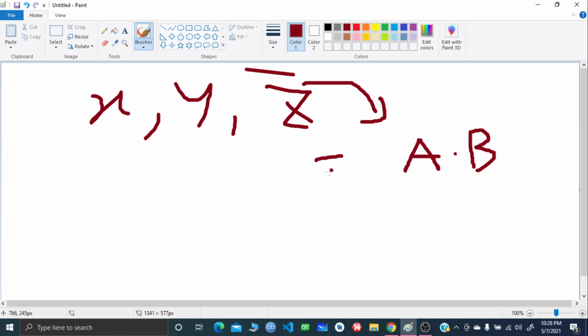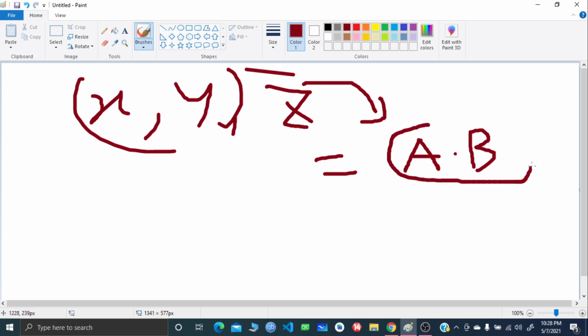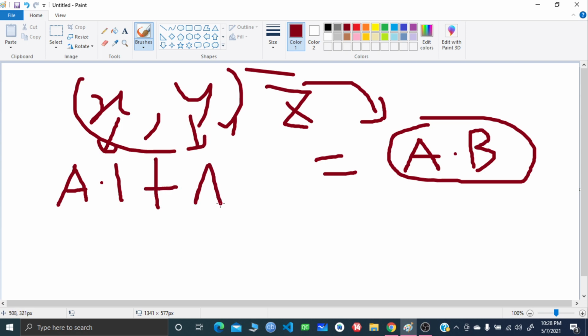Now what about the rest of the values? If I refer to z as a times b, what if I refer to x as a times 1 and y as a times b minus 1? Did you get my point?